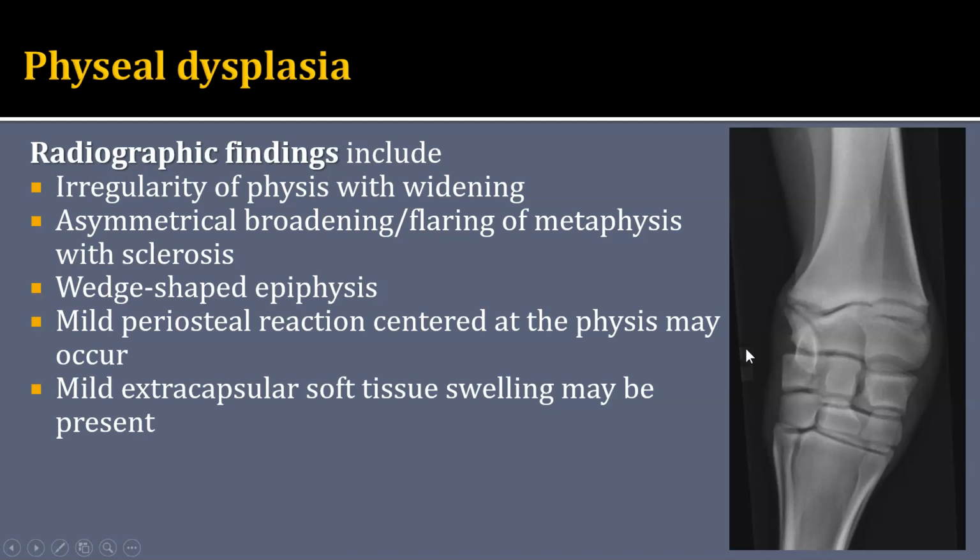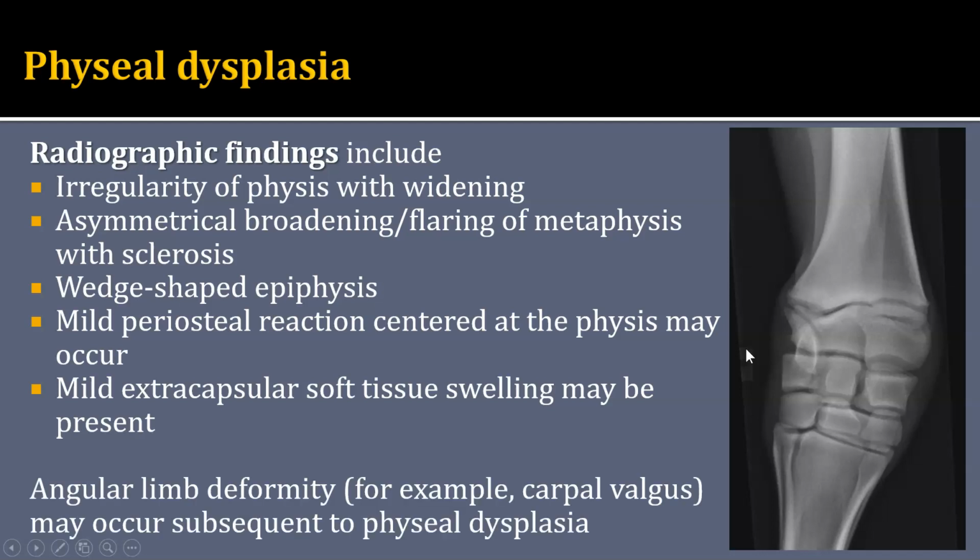It's usually fairly mild. As you notice in this patient, it's not uncommon for physeal dysplasia to lead to angular limb deformities. So in this patient, because the lateral side is not growing properly, the medial side keeps growing, and so that distal limb starts to laterally angulate.